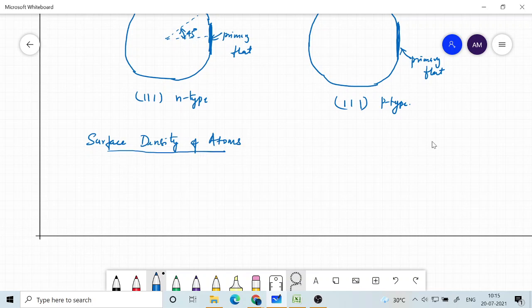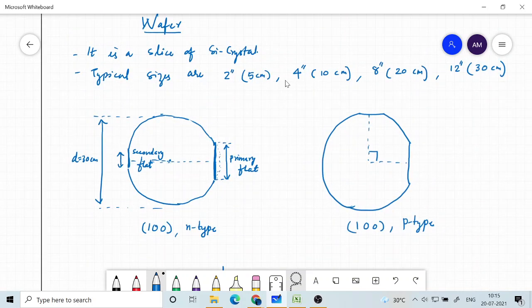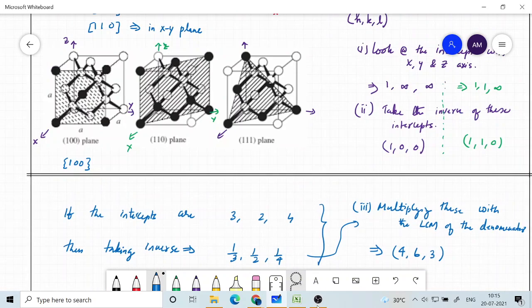So if you look at this first figure, you can see that the area of this plane is basically a square, because one edge is a, so it is a cube, and all edges are the same size.